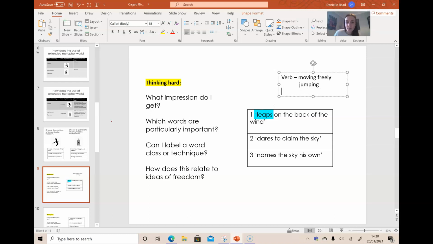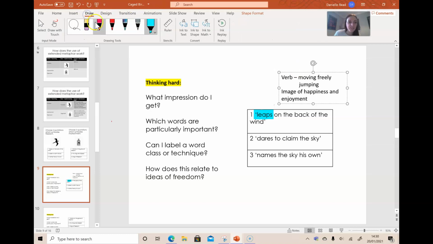And it kind of conjures up to me an image of happiness and enjoyment. In fact, I might leap into the air with joy. So I think this is a particularly powerful example of freedom, of being able to do what I want to do, and to physically move in a way that I choose to.